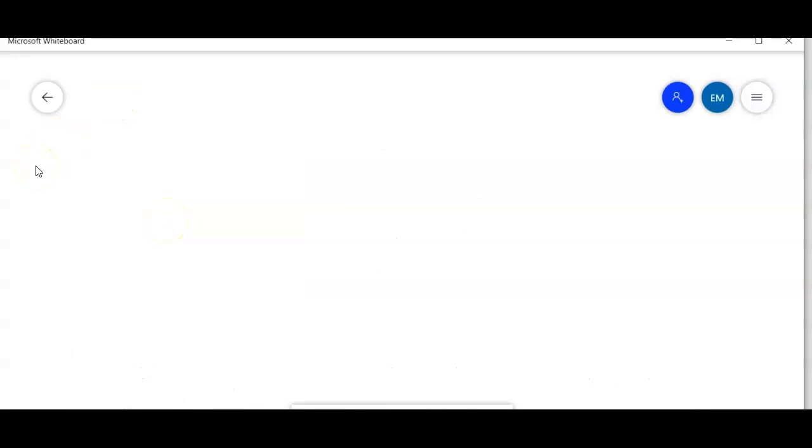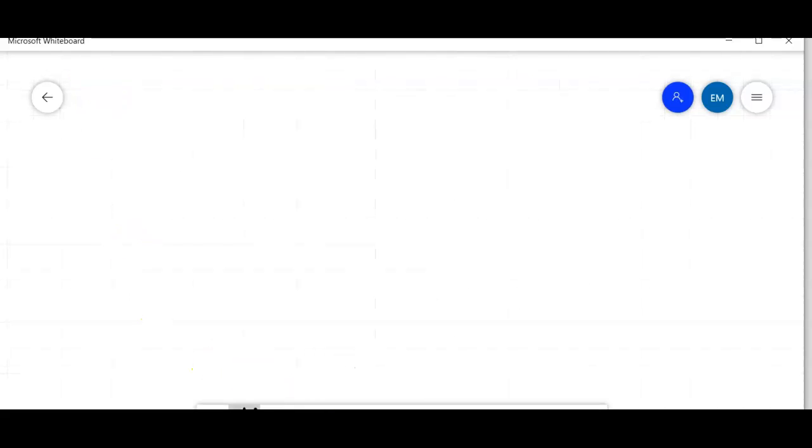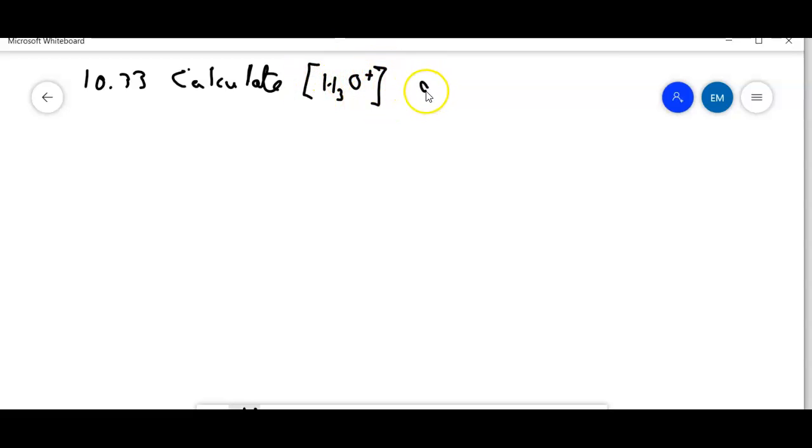In 1033, we get the same type of thing, except now you calculate the hydrogen ion concentration given the hydroxide ion concentration. You do it exactly the same way.